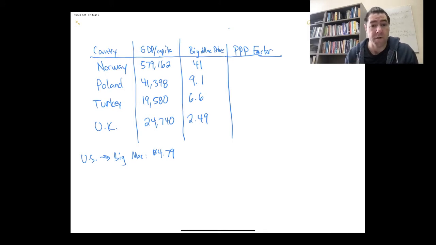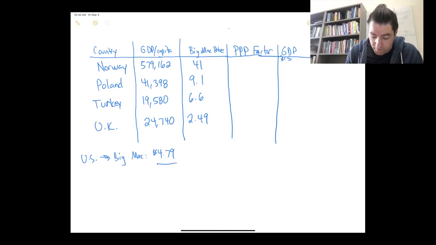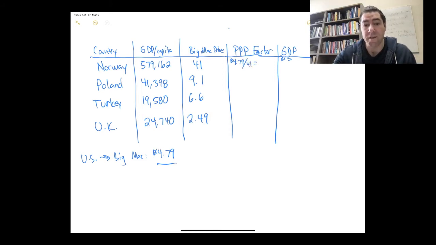So I need to first calculate the PPP factor. Then we'll have over here GDP in dollars. And so the purchasing power parity factor just takes the price in US dollars divided by the price in that currency. So in this case, I think that amounts to 0.1168 if we want to be exact.